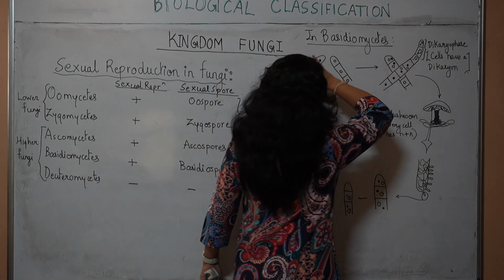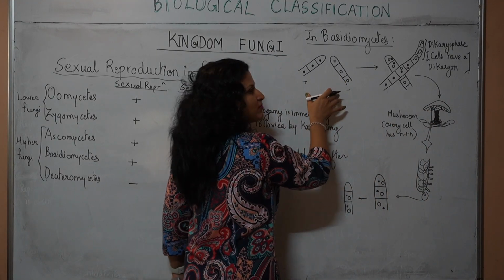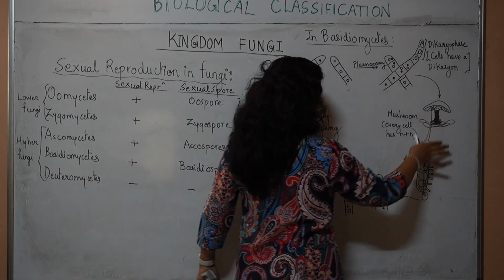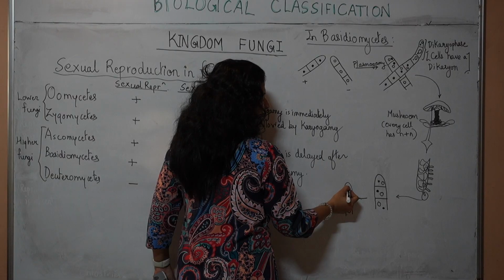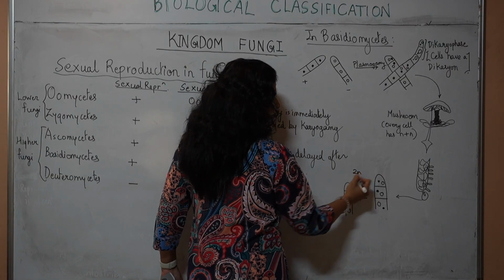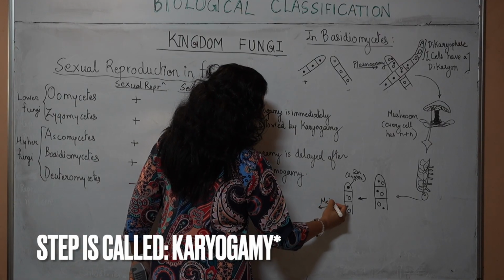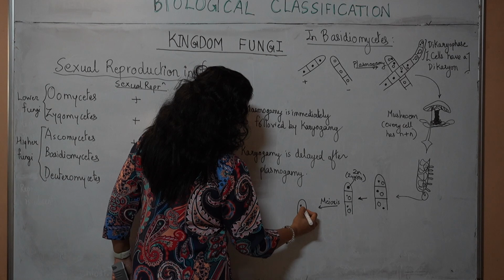After all of this journey of dikaryophase, after plasmogamy, this is the step of plasmogamy here. After a prolonged period, as you can see, finally in the terminal cell, the nuclei are going to fuse together to produce a 2n nucleus. This will be the zygote. And then there will be the process of meiosis, wherein within this cell, 4 nuclei will be formed.